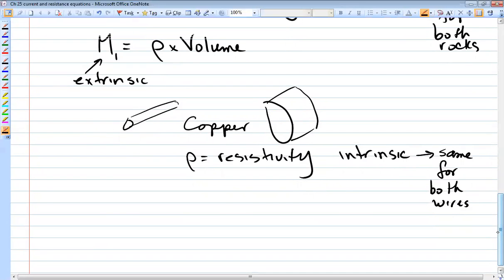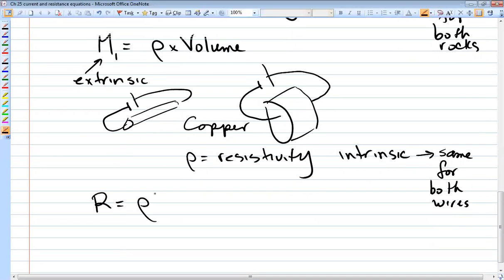Now, the other property that's extrinsic is the resistance. So if I were to hook both of these up to a battery and try to get current to go through these pieces of copper, the amount of current going through would be completely different because the resistance is completely different. And so R, which is rho L over A, there would be an R1 if this was sample 1, and there'd be an R2 for sample 2.